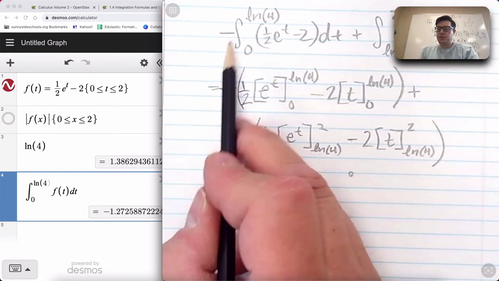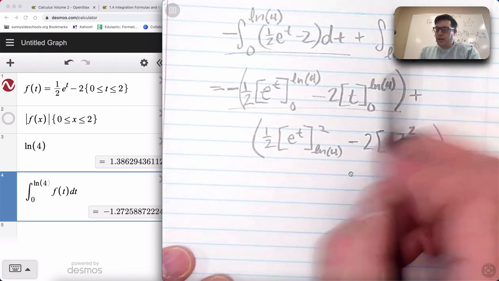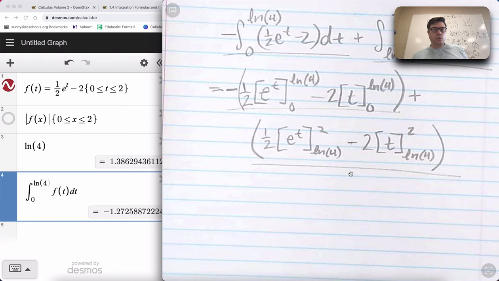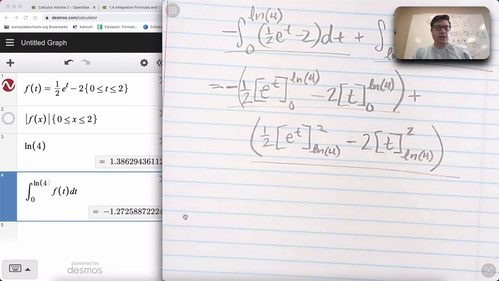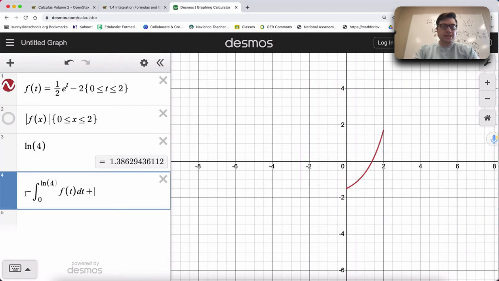That's this integral written out with the fundamental theorem here, and this integral written out with the fundamental theorem here. I don't want to calculate this by hand because we already did, and I'm running out of time. This video is already approaching 10 minutes. So let's go. We have the negative of this, and we're going to add to it the integral from natural log of 4 to 2 of f of t dt.